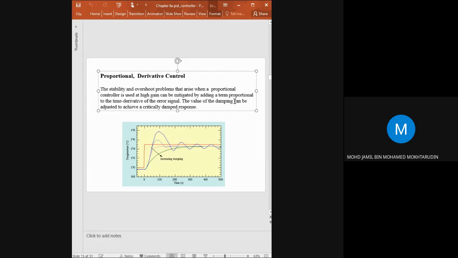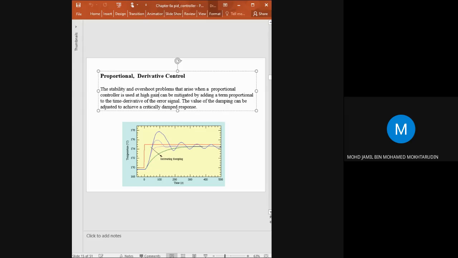So the value of damping can be adjusted to achieve a critical damp response. Okay, so if you add time derivative and increase the derivative controller gain, then the overshoot will reduce and the system will become more stable, but it doesn't reduce the steady state error.